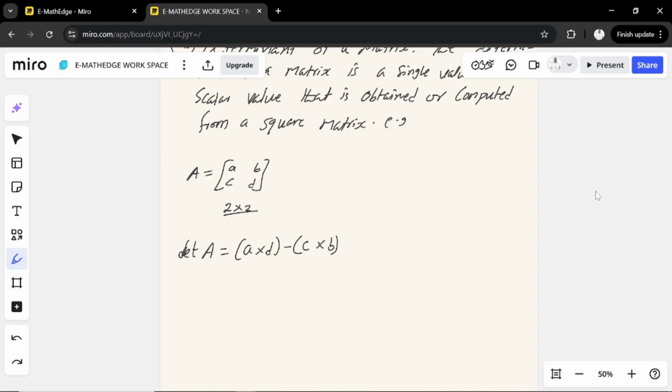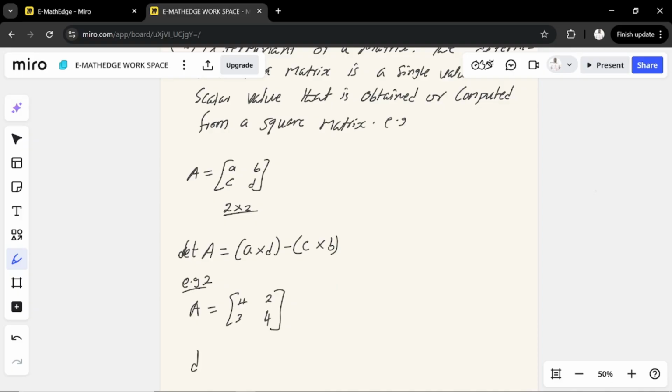Now let's take an example with numbers so that it will become clearer. Let's say we have matrix A to be 4, 2, 3, 4 enclosed in a bracket.